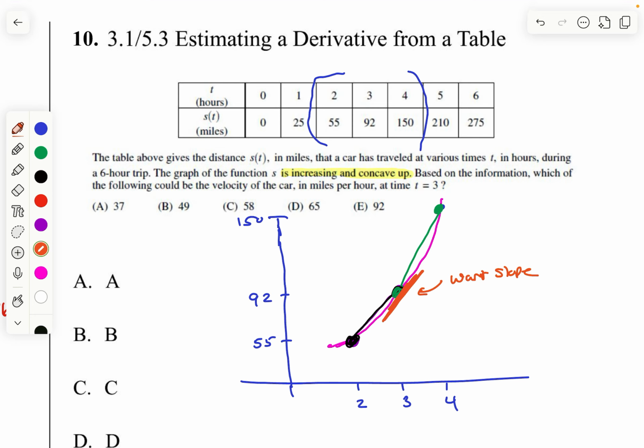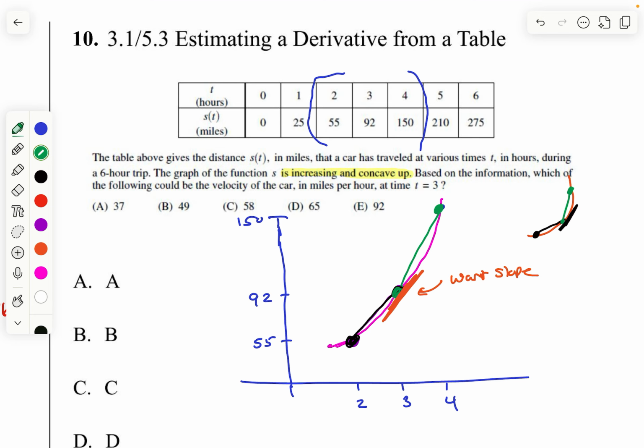If you notice though, the secant line from 2 to 3, and again I should make it a little more extreme, is less steep than that tangent line, but then the secant line from 3 to 4 is more steep.